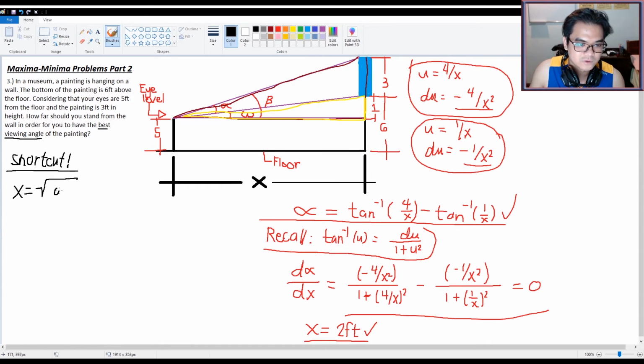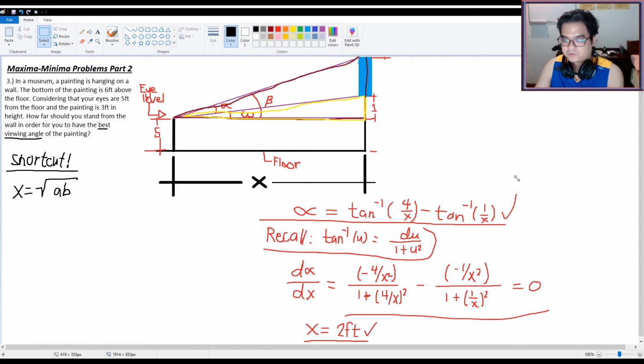Now what are a and b? Remember that a is the distance from the eye level to the bottom of the painting, and b is the distance from eye level to the top of the painting. Okay, therefore, let me just erase these writings.